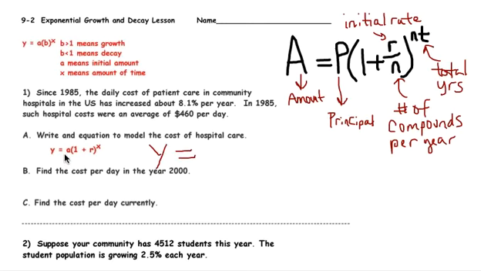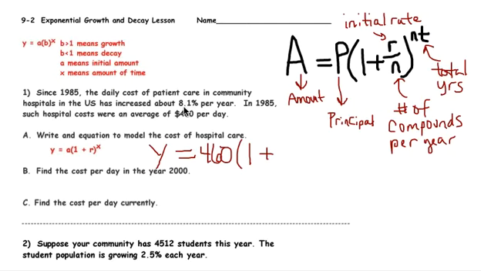Remember, the A is the initial value. What's the initial amount in this problem? $460 a day. So 460, parentheses, then we're going to put a 1 plus, R stands for the rate. It is 8.1%, but you need to write that as a decimal.